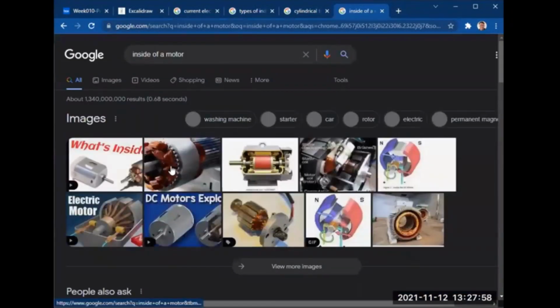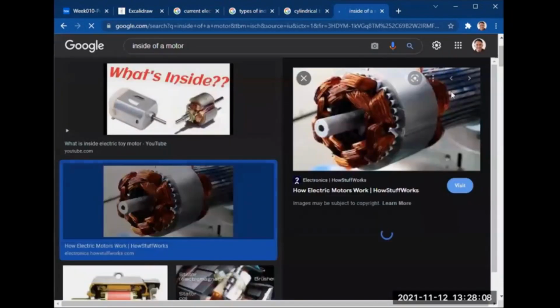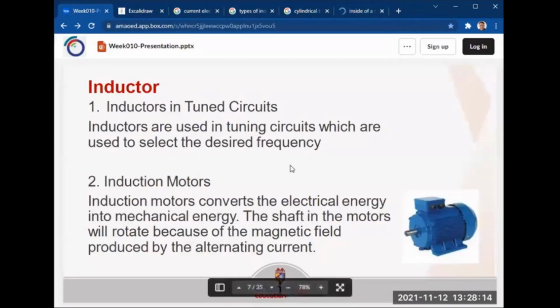This one. Okay, so a lot of coil of wires. That is the inside of a motor. So the motor is usually powered by the magnetic fields.